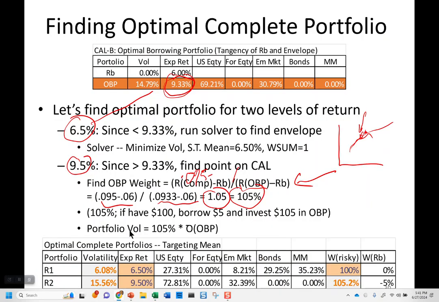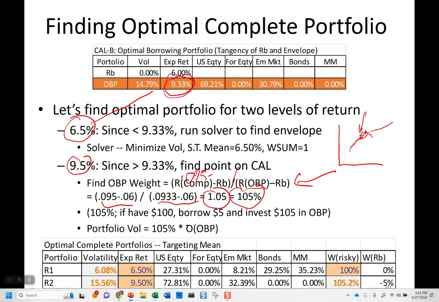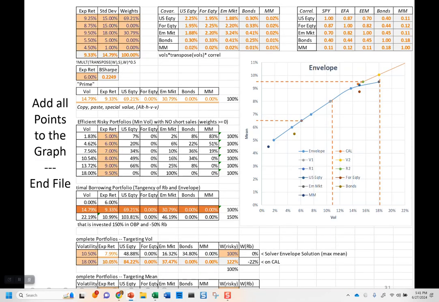So that's it. That's how you determine an optimal combined or complete portfolio if you're targeting mean or volatility. And there's our solution. If you add those points to the graph, what you'll see is those last 2 points we got, the 105, it's on that capital allocation line, and that 9.5 would have been on the envelope.